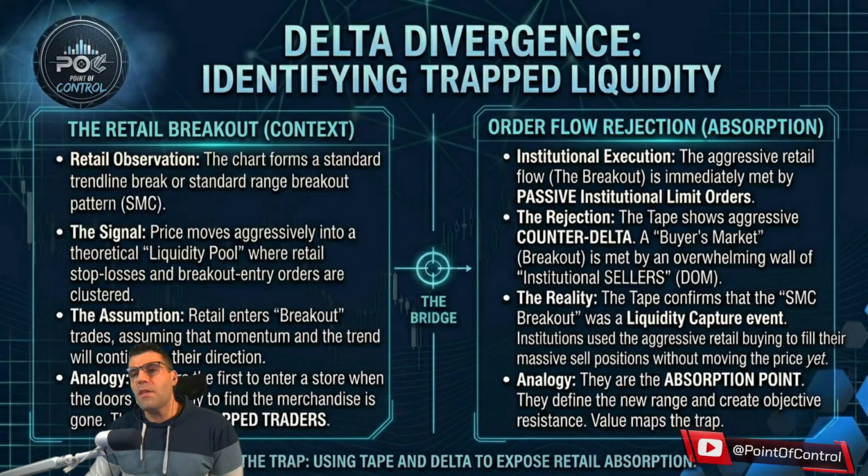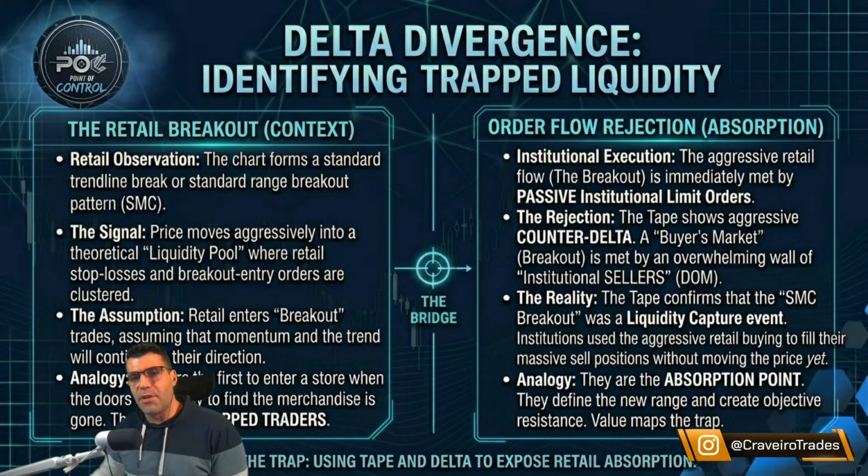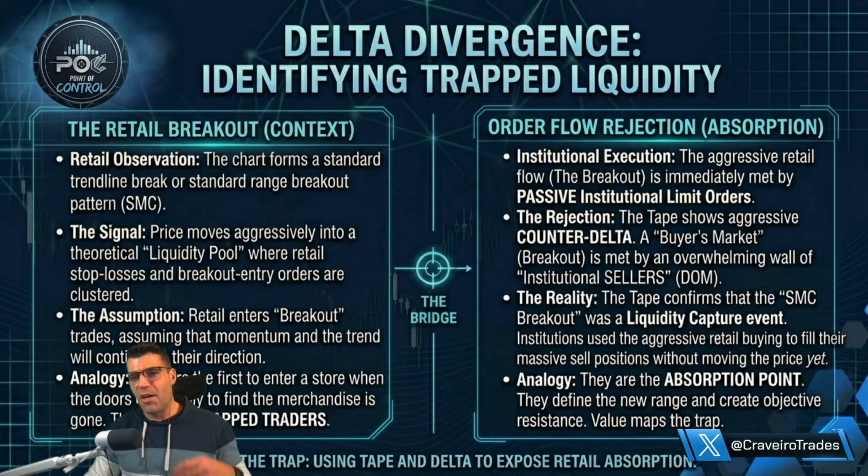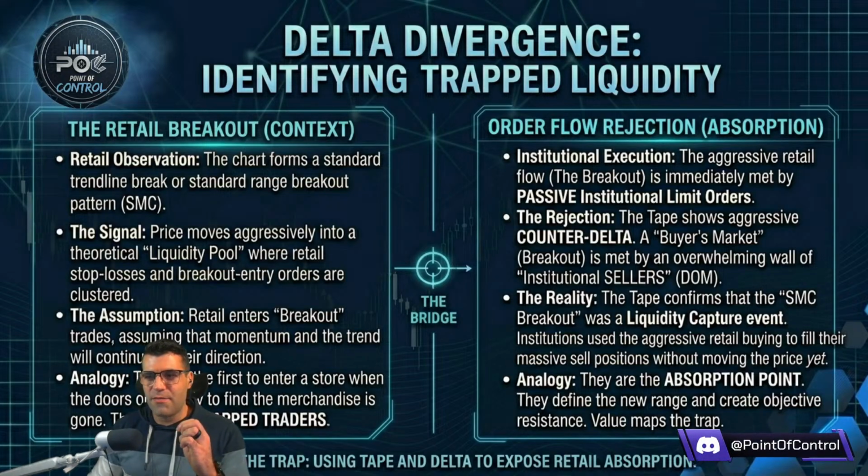Now, delta divergences. We went over these briefly, but they are super important. Retail observation. The chart forms a trend line break or a standard range breakout pattern. It is not SMC. I'm sorry, I was just lost, going crazy, filling out all these slides.